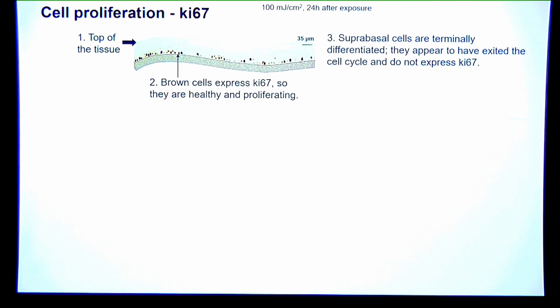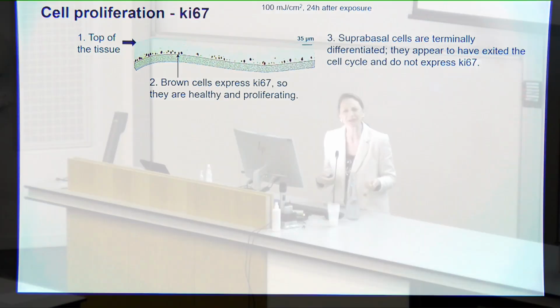And of course, you would expect just the cells in the bottom layer to be proliferating. So all the other cells, the suprabasal, appear to be differentiated, and they have exited the cell cycle, so they shouldn't express Ki67.